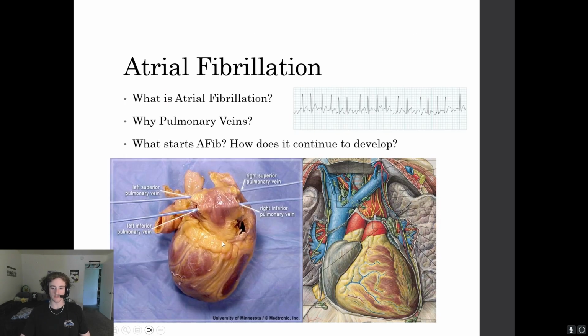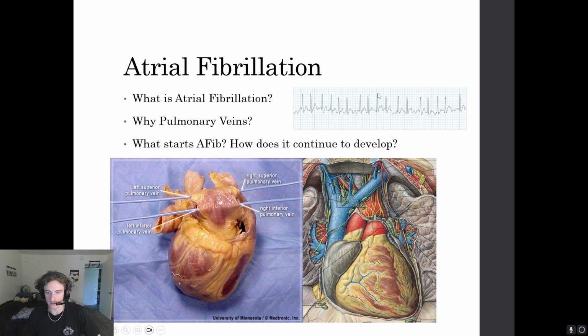However, in atrial fibrillation, we're going to see a fibrillation of the atria, which is essentially just a seizing of the atria. So here you see that the P wave, or where the P wave would be, is just all over the place. It's just seizing, right? And we even see that there's no regularity between the beats to the ventricle.